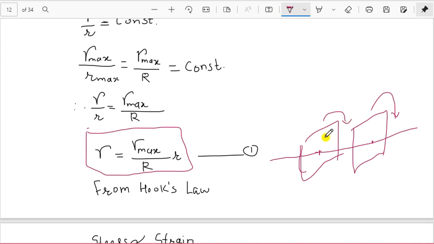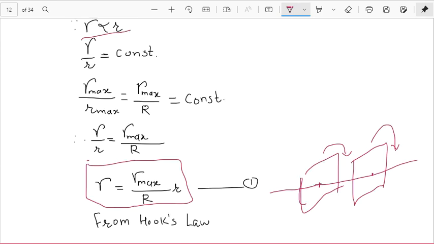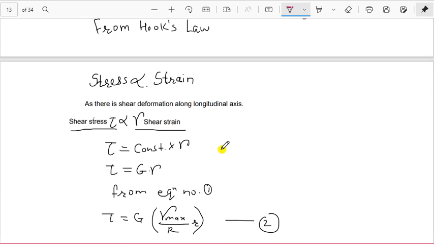Here will be lesser rotation and here will be larger rotation. That means there is a shear deformation, and due to shear deformation, there is a shear strain. So we will consider shear stress tau is directly proportional to shear strain gamma.